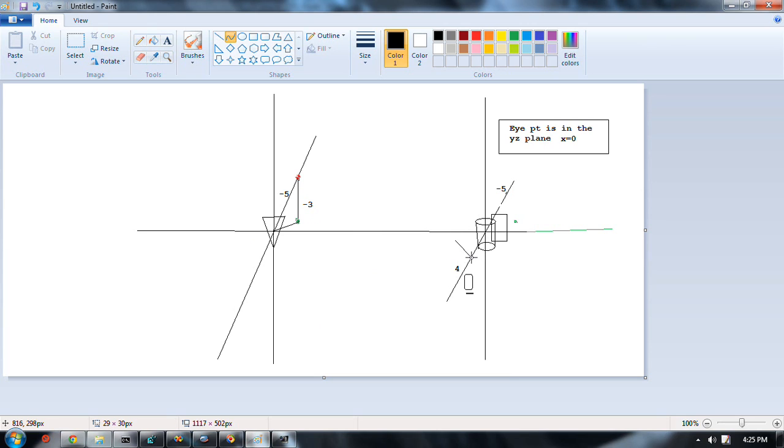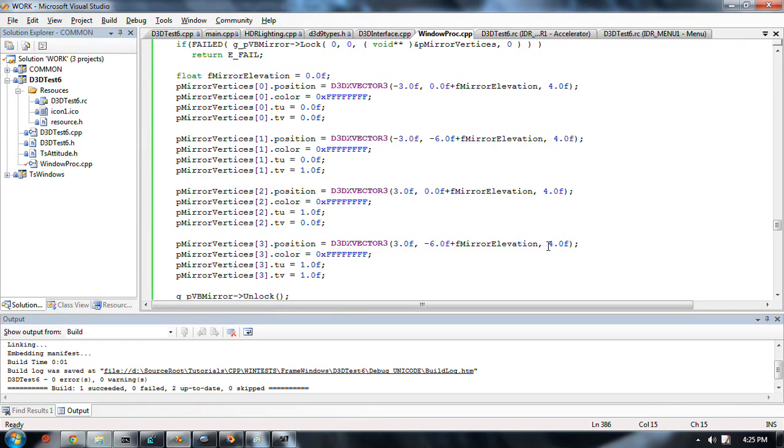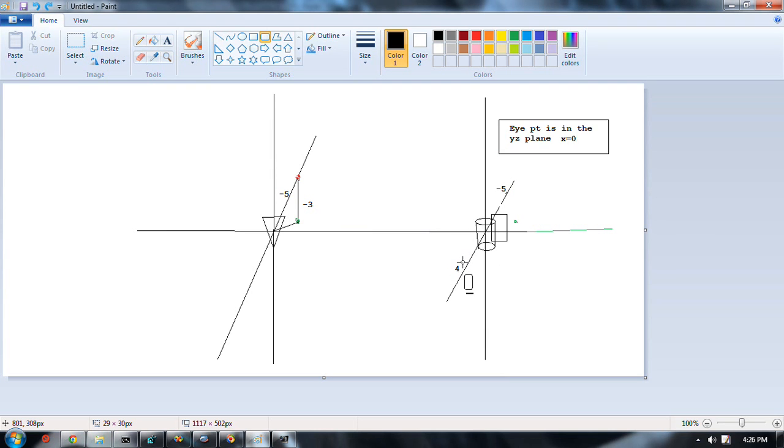I'm drawing it over my mirror. What's my distance? Oh, 4 away, as I said, and 6x6, something like that, right?